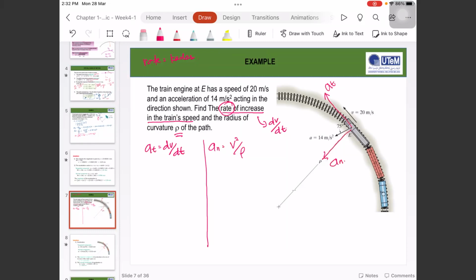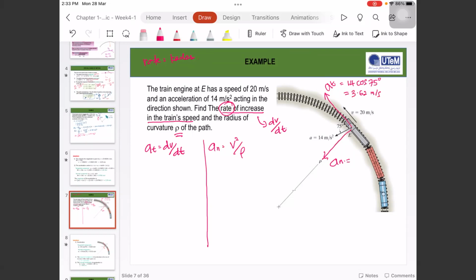Right? So A tangent, you can simplify using the Pythagoras theorem. So A tangent is equal to 14 cos 75. How much is that? 3.62. So 3.62 meters per second squared.